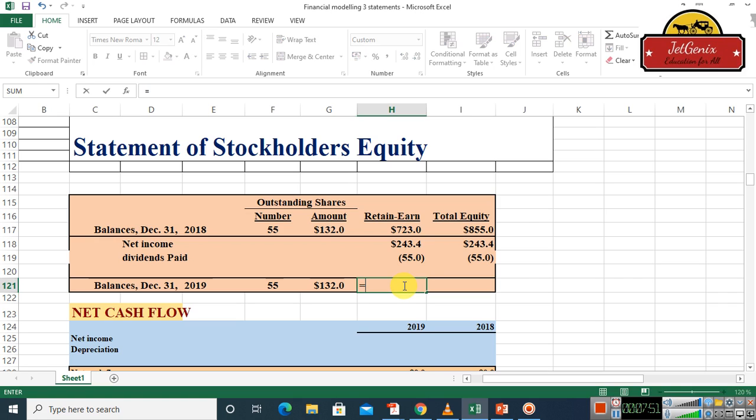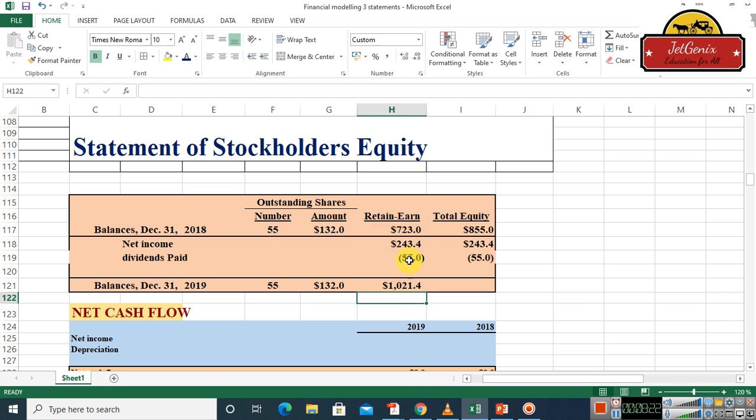Okay, so here I am going to calculate the retained earnings, which is, I have to add this one, because it was in 2018, and I will plus this one, and then I am going to subtract this one.